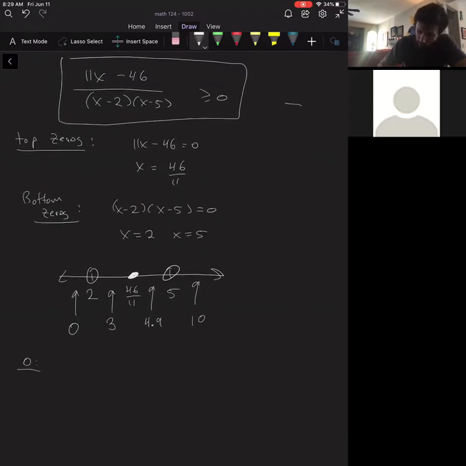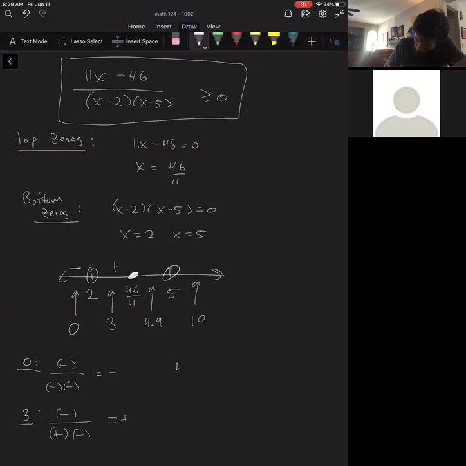Remember, we're plugging it into this box up here. So if we plug in 0, the top is going to be minus 46, so that's a negative number. If we plug 0 in the bottom, we're going to have 2 negatives. So overall, that's negative. Now, if we plug in 3, the top is still going to be negative. We'd have 33 minus 46, and the bottom is going to be positive and then a negative. So this is a positive number.